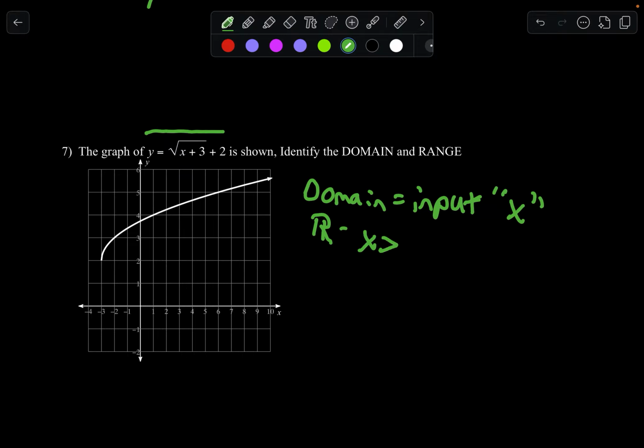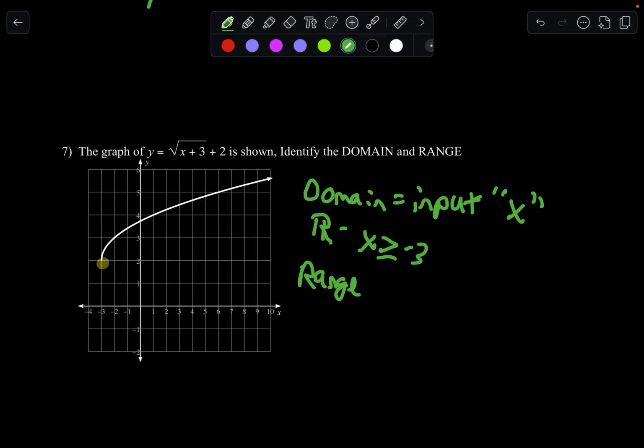X is greater than or equal to -3. It's greater than or equal to on this because at x equals -3, you know the graph is there. It's right there. Okay? And then the range is all the y values.